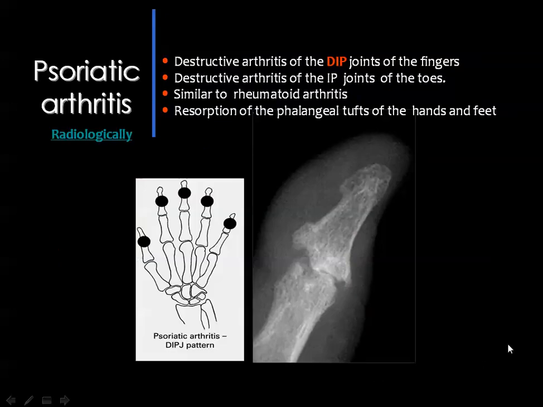The manifestations of psoriatic arthritis are almost similar to those of rheumatoid arthritis, except for some differences. We have destructive changes in the distal interphalangeal joint with erosive changes, as you can see, related to the articular surface.